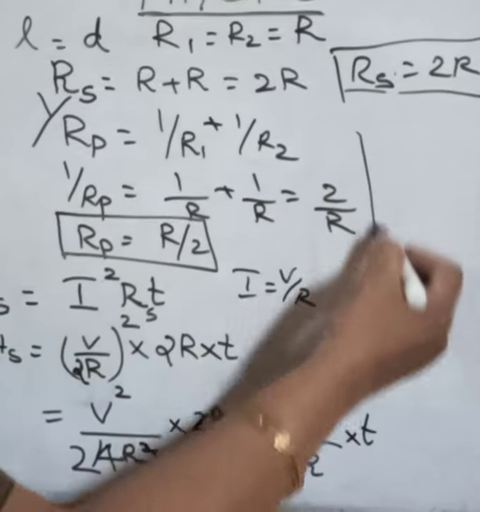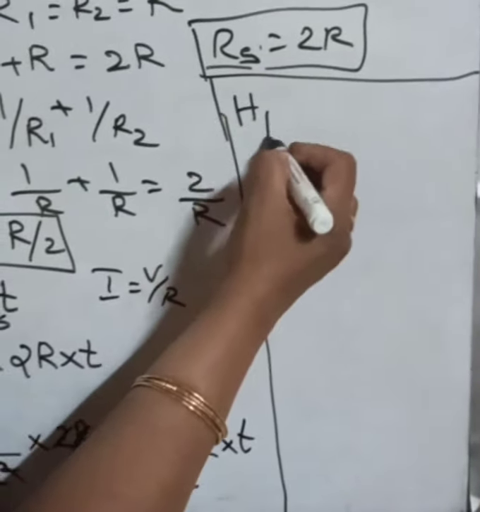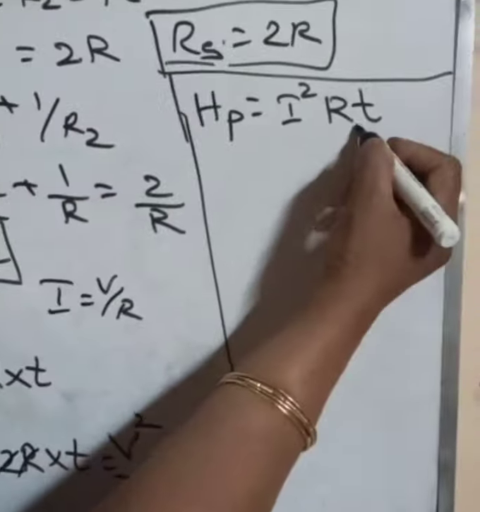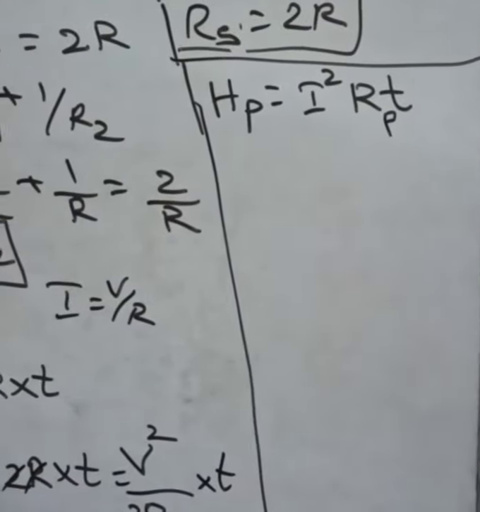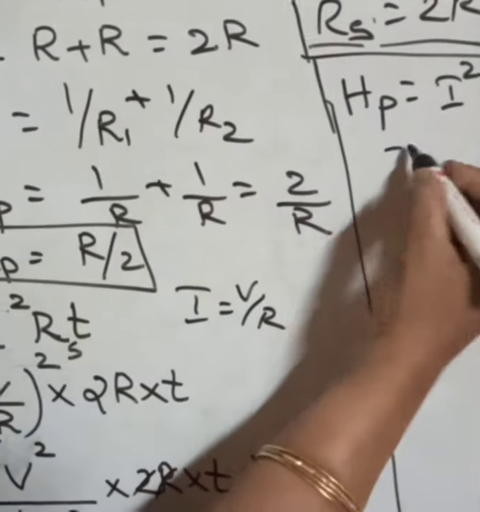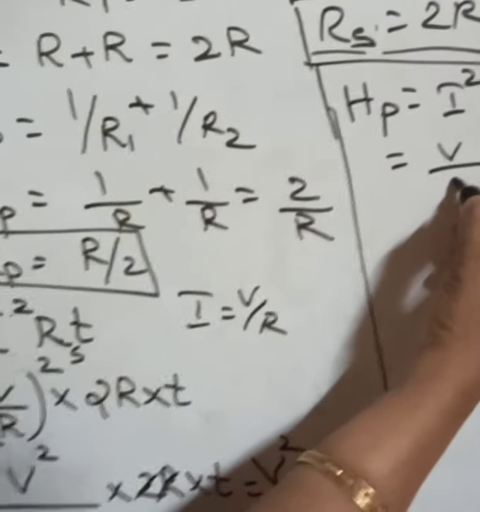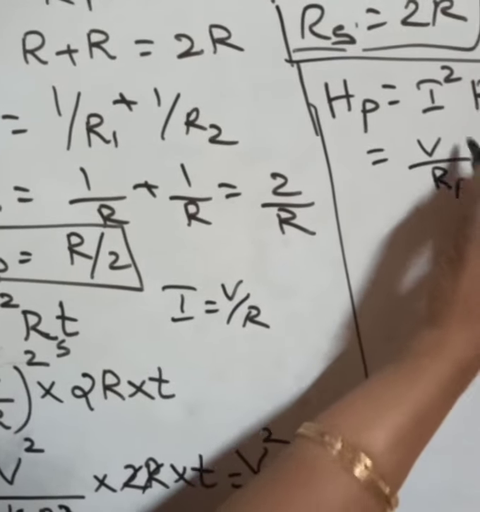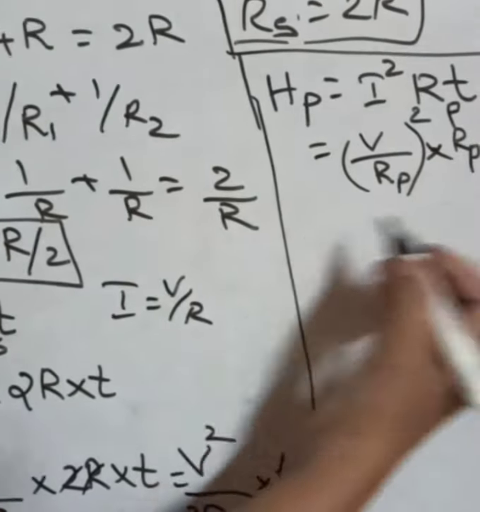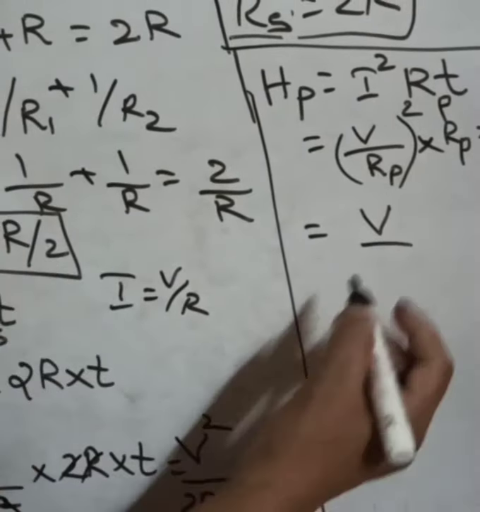How will you find out the parallel combination? HP means same formula, I squared RT. Here it is connected in parallel, so I squared into RP into T. Okay, here same again, V by R you have to take. Here RP, no? Instead of R, we can write it like this, V by RP the whole square into RP into T. We know that RP is R by 2.